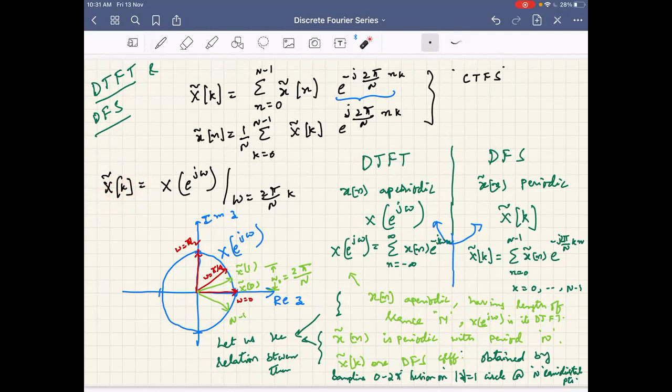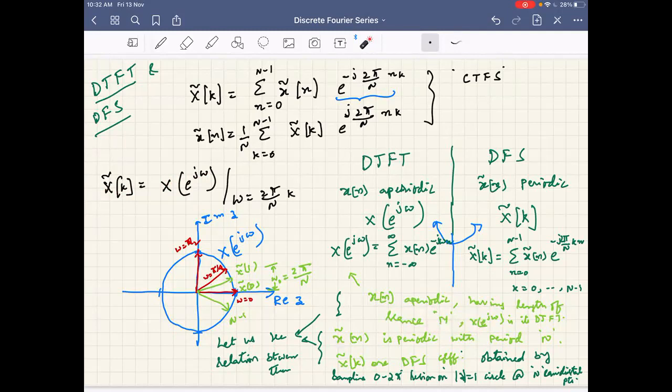So X of 0 is here, X of 1 is here, sampled at 2 pi by N into 1, sampled again at 2 pi by N into 2, and so on. So the samples of X of e power j omega at regular intervals can be seen as X tilde of k, but there may be some questions. This X of e power j omega might have come from x of n, which is aperiodic and may have a sequence of M length, right?